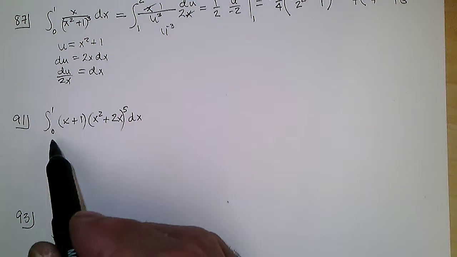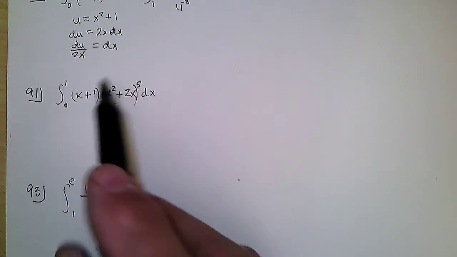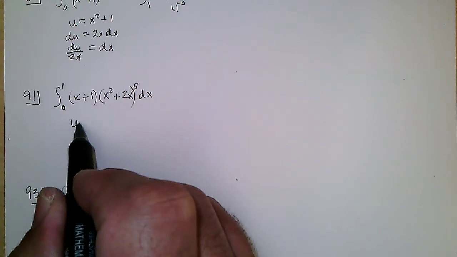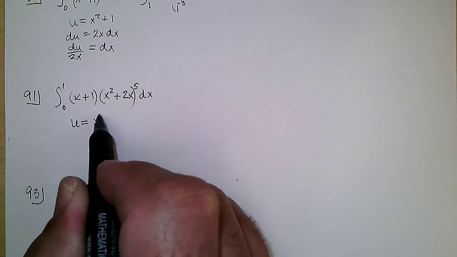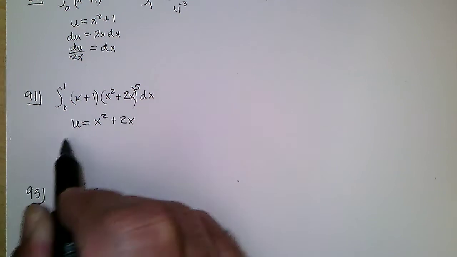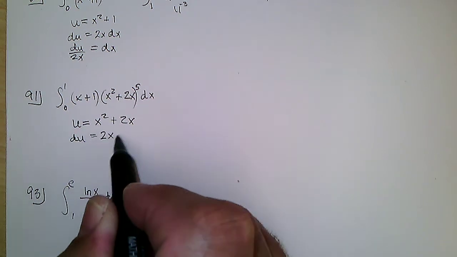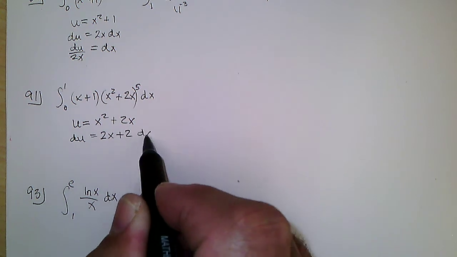Okay, 91. The messy part looks like this in here, and it's to the 5th. So if I let u equal x squared plus 2x, du would be 2x plus 2 dx.